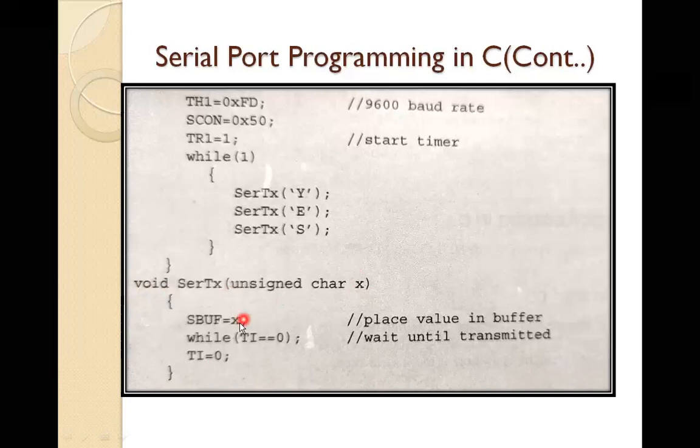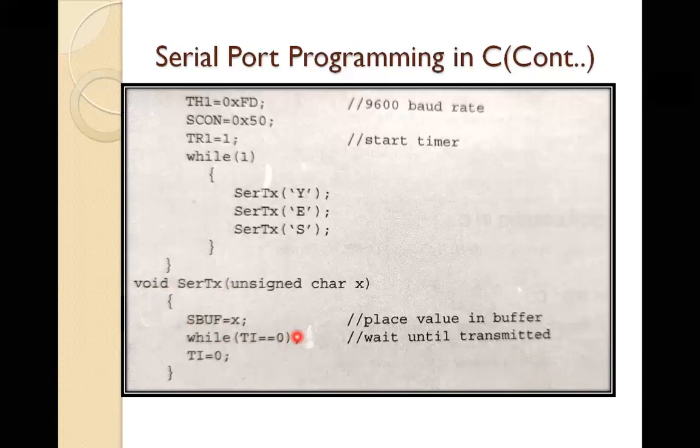Therefore, this letter S is placed in the SBUF register using SBUF equal to X. Then while TI equal to 0, check the status of TI. If it is equal to 0, then perform this task continuously, and then when all bits are transferred, the status of TI becomes 1.